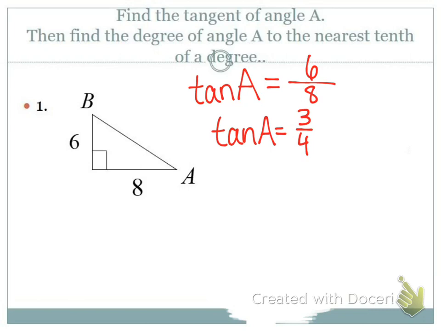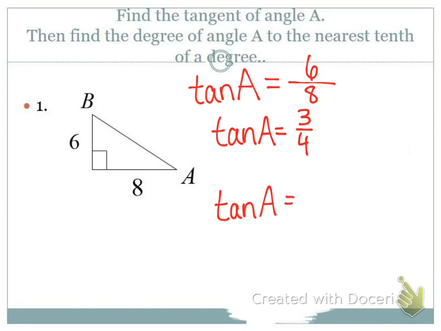Okay, the next step is to find the measure of angle A to the nearest tenth of a degree. Now, you know I don't usually like rounding. There's no way around it with some of these problems involving the trig ratios. So we'll just have to do the best we can. What this means is that we are trying to get A by itself, capital A. In order to do that, this is how it works. We are going to have to undo tangent.